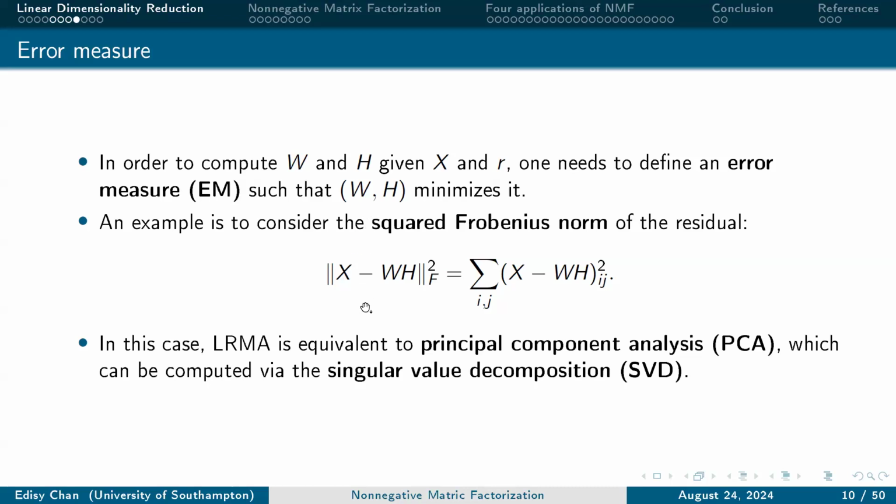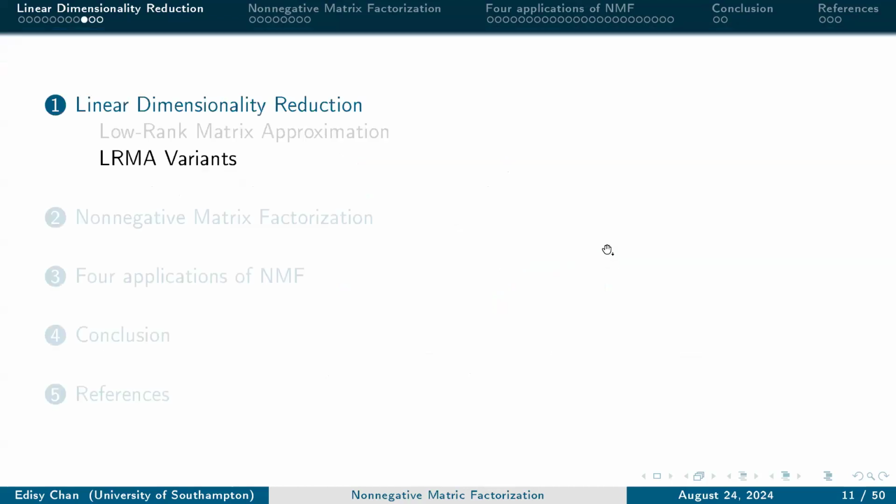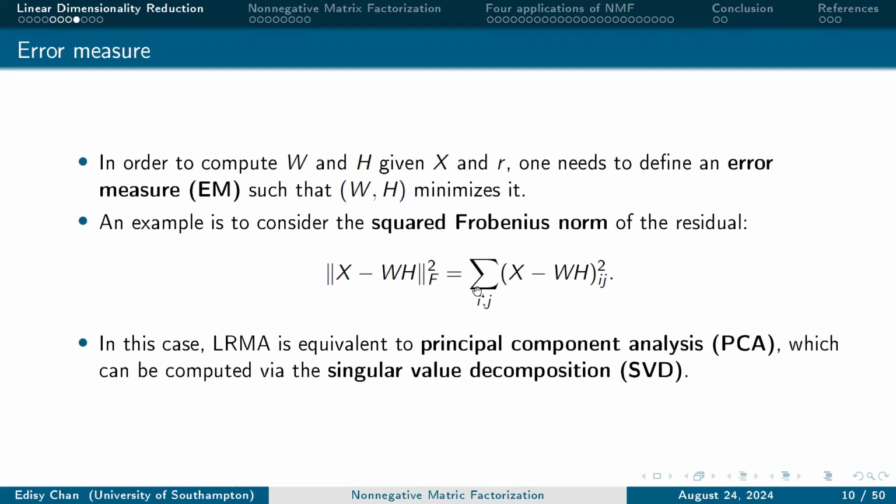Basically, we consider the difference between X and the product, and then consider the matrix norm. This is the Frobenius norm, and we would like it to be minimized by W and H. In this case, the LRMA is basically equivalent to something called principal component analysis, abbreviated as PCA.